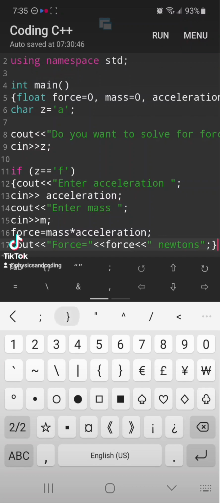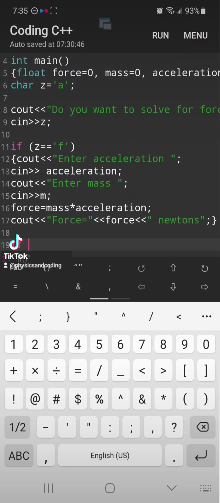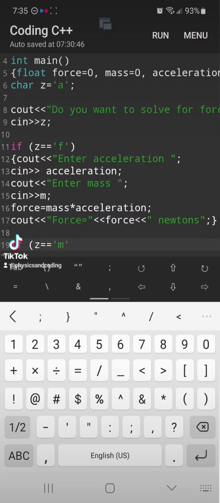Then finish off the if statement with a brace, and then if z equals m, let's see what happens for that. So that would mean that we have to ask for acceleration and force.